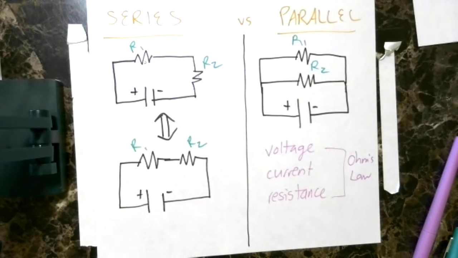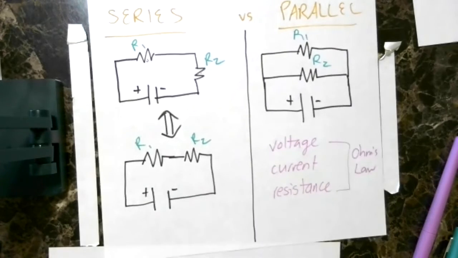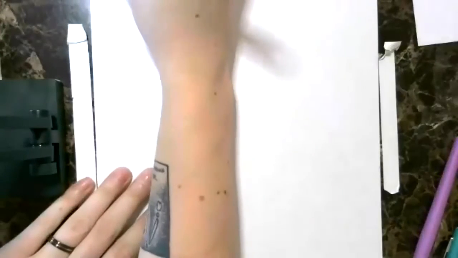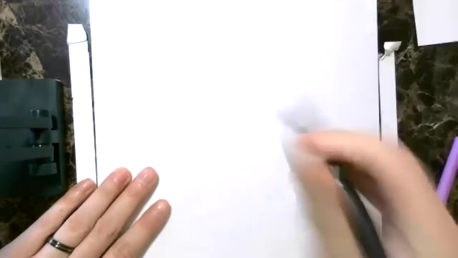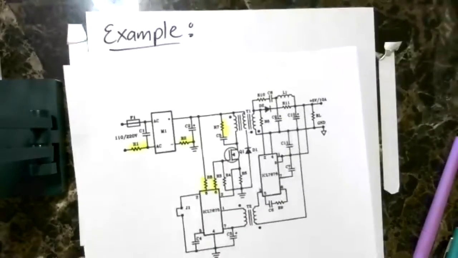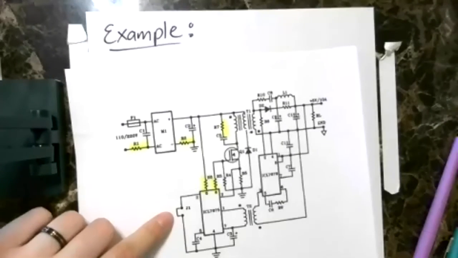I just want to go over one last example, and then we'll call it a morning. Okay. I'm going to draw a circuit. So I don't want us to just dive into this one. This one's really hard.